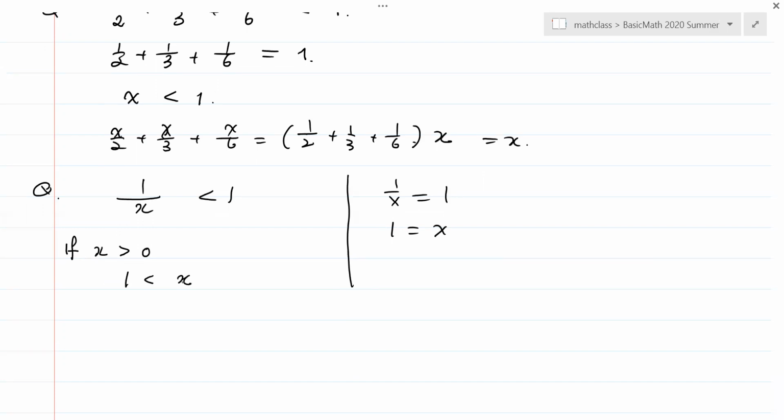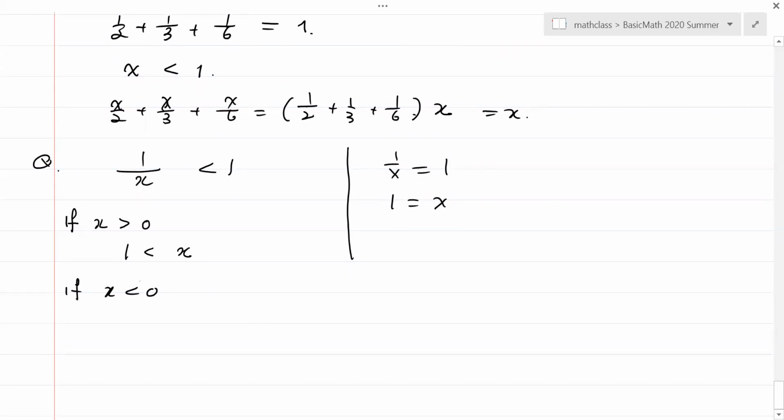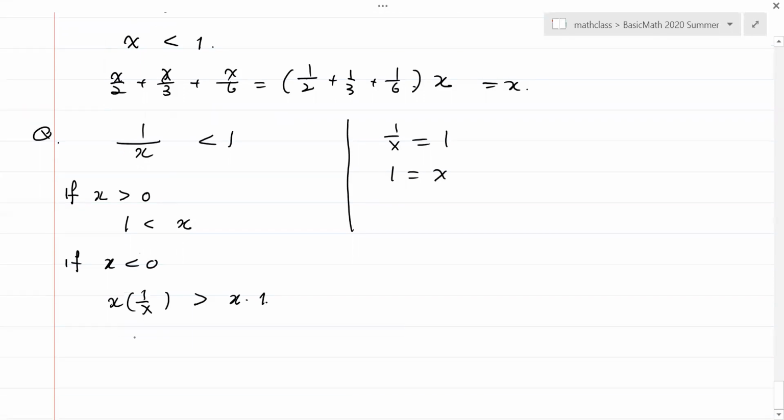So you get a solution: we already assume x is positive, then you get x greater than 1. So this is the answer. But if x is negative, when you multiply both sides by x, you have to change the direction of the inequality. So it'll be x times 1, then you get x is less than 1.